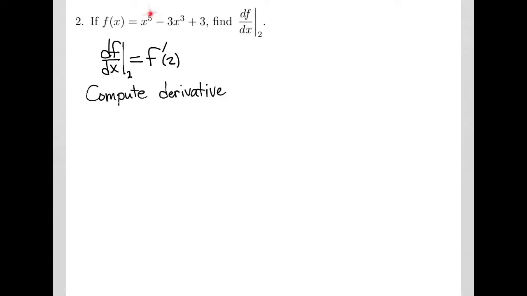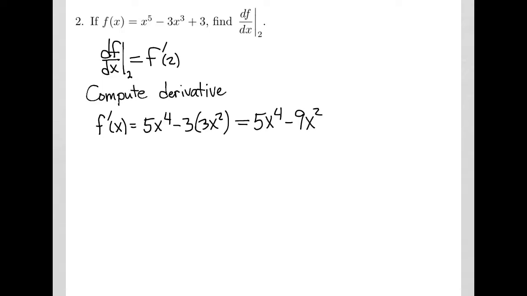Using the power rule, I can identify each term, x to the fifth, x cubed, and the constant, and I'm able to calculate the derivative of each piece. So my f prime function, the derivative function, can be found as 5x to the fourth minus 3 times 3x squared, and the constant term, its derivative would be 0, so I get a formula 5x to the fourth minus 9x squared.